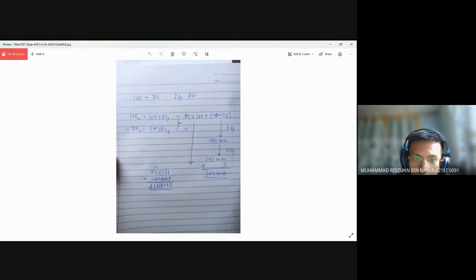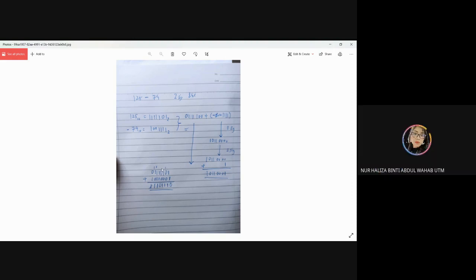And then yang positif tu kita bawa turun saja. Kita tambah di mana bila kita tambahkan 01111101 dengan 10110001, jawapan akhir kita akan dapat 11011110 sebab kita ignore carry. And then itulah jawapan terakhir saya.